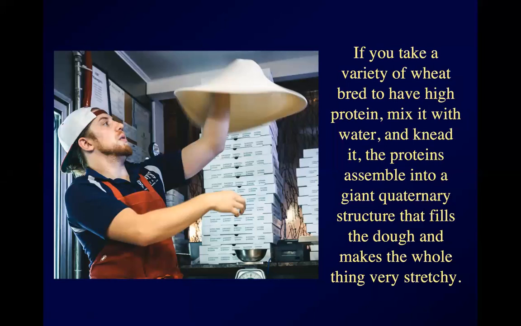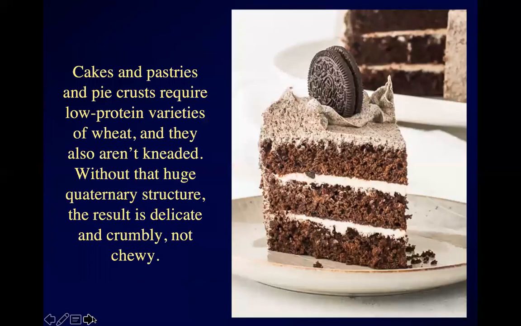Now, on the other hand, flour for cakes and pastries and pie crusts requires low protein varieties of wheat. And when there's not much protein, and when it's not made into a dough that you punch and squish, that giant quaternary structure doesn't form.